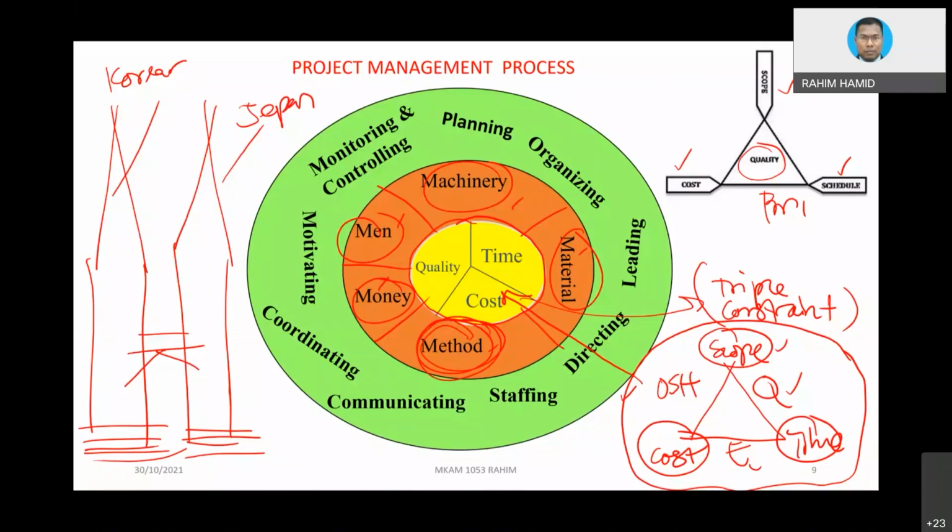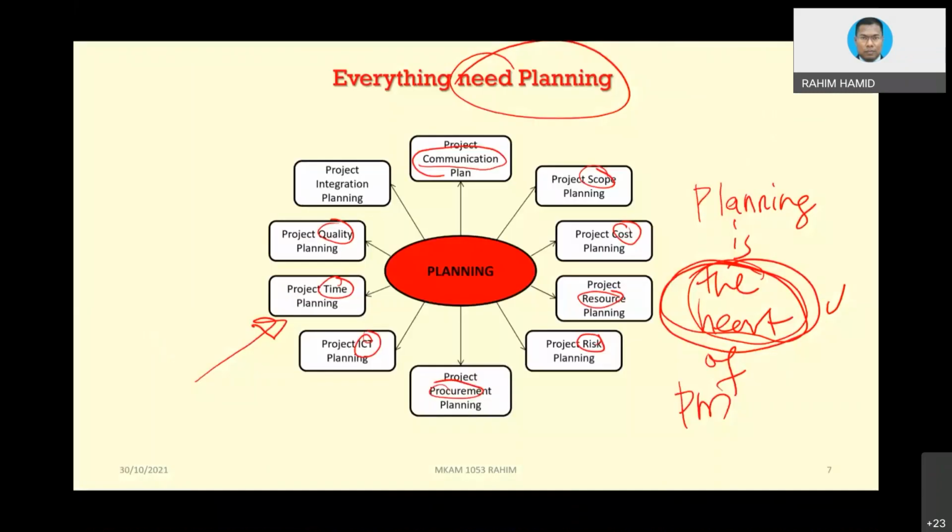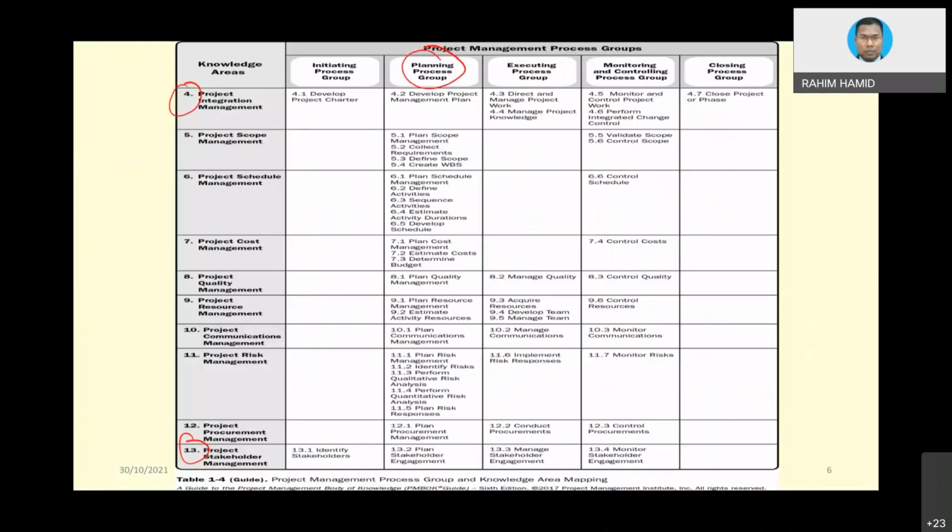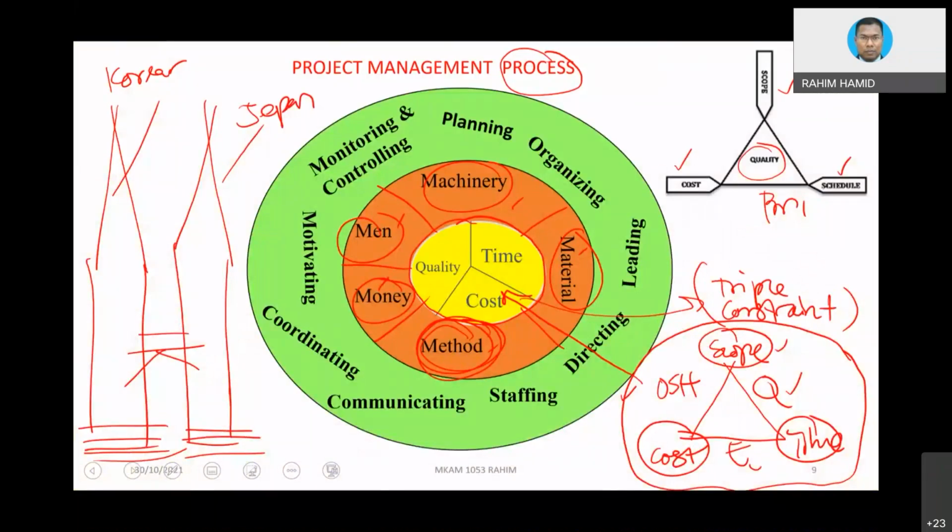Then, now we come to the end of this diagram process. Project management process is being defined. The simple term that I mentioned before is these 5 things, but in many other books, project management process can be defined by this mechanism: planning, organizing, leading, directing, staffing, communicating, coordinating, promoting, and lastly, monitoring and control.